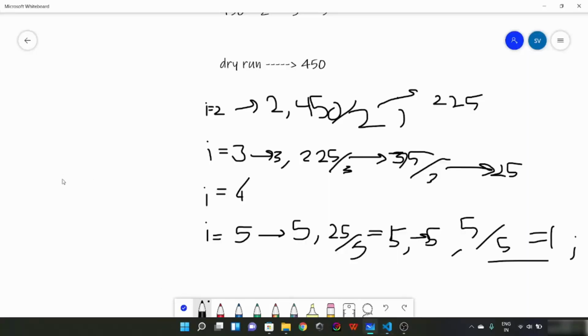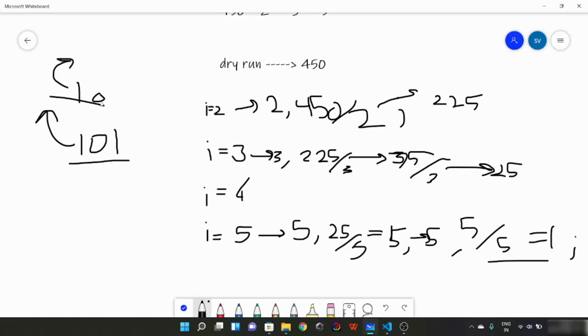Okay. Suppose n is a prime number, 101. It is a prime number. Yes. So for this, we are going to use a loop till root 101. We can say roughly 10. Since it is a prime number, there would be no prime factors of this number.